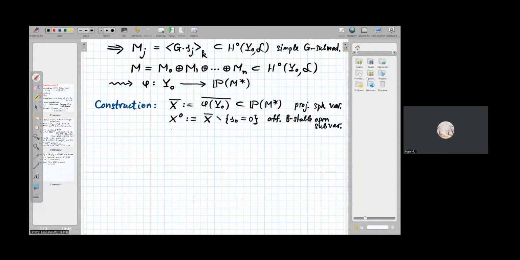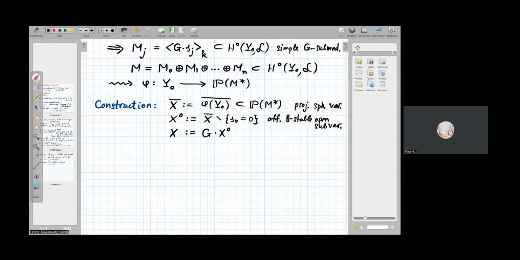And finally, we define X to be the G-span of X naught. So X is an open G-stable subvariety in X bar, and X will be our simple embedding of Y naught. This is the construction.